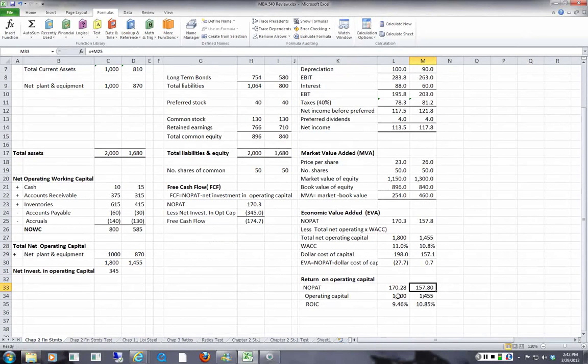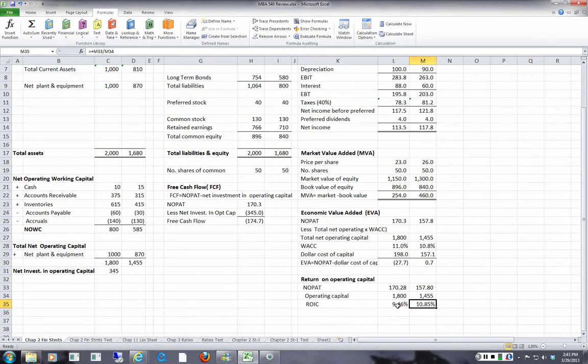And that's going to be divided by this 1,800 or $1,800,000, and we come up with an ROIC, a return on operating capital, because the operating capital is that $1,800, and so our ROIC is 9.46% for 2010 and 10.85% for 2009.